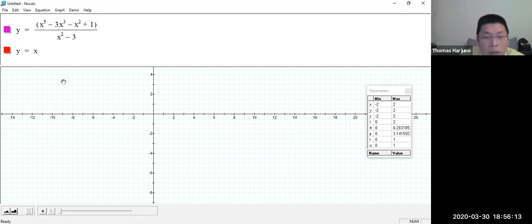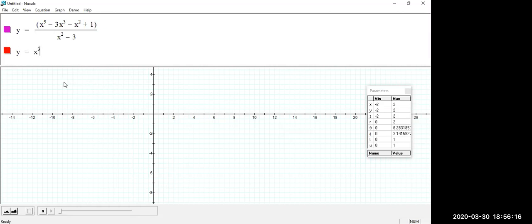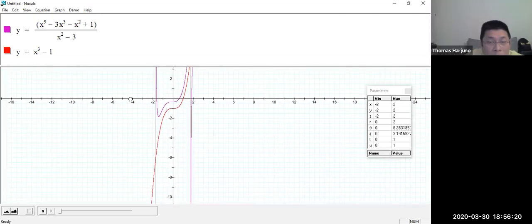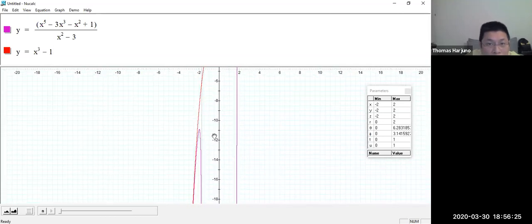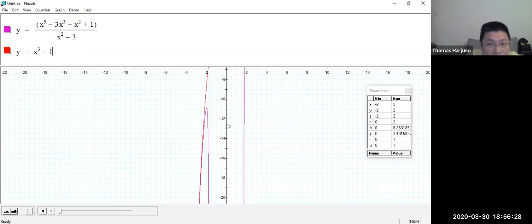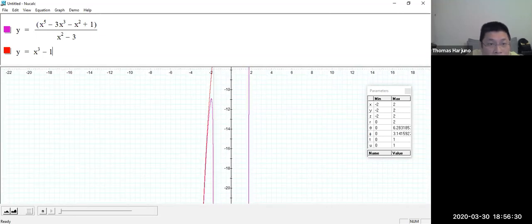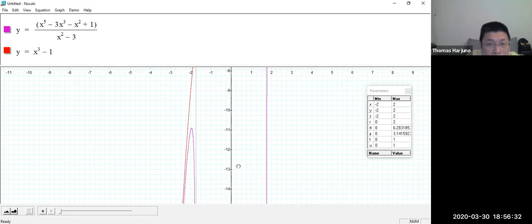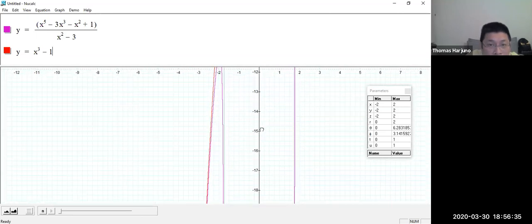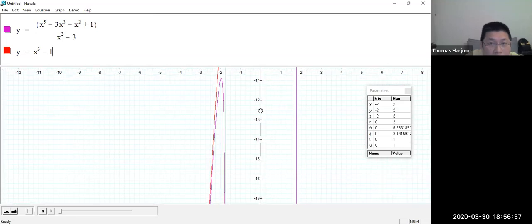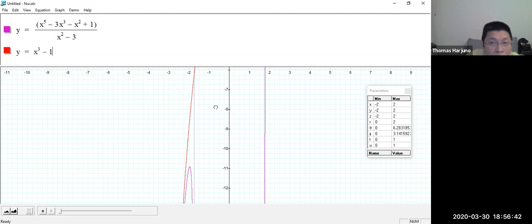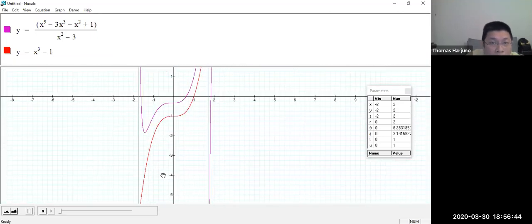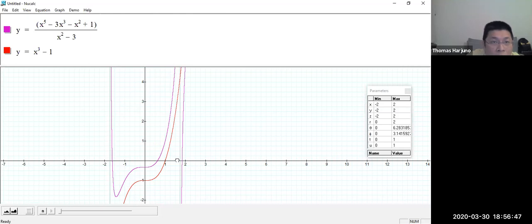You see, in between they don't coincide, but if we go further to the left, you see it gets closer to the red curve. The red curve is what we call the curvilinear asymptote. So the further it goes to the left or to the right, the closer the graph gets to x cubed minus 1.